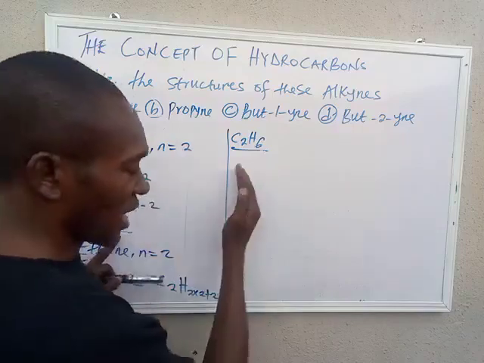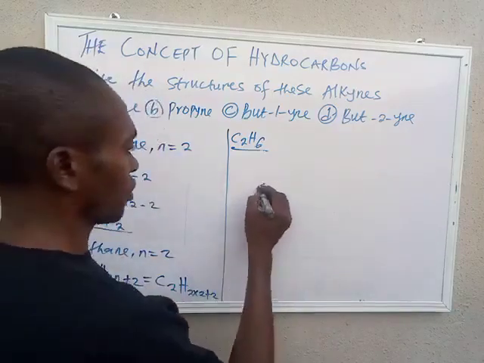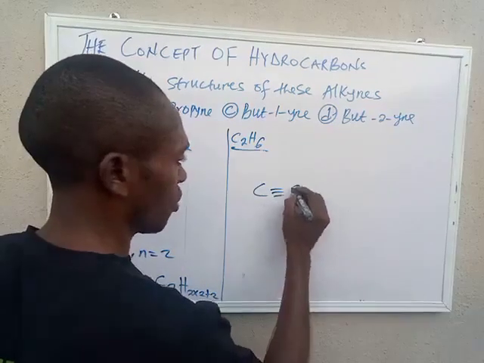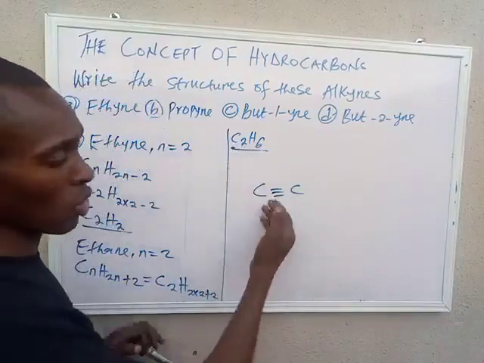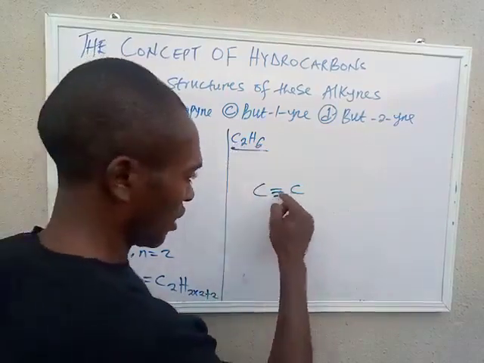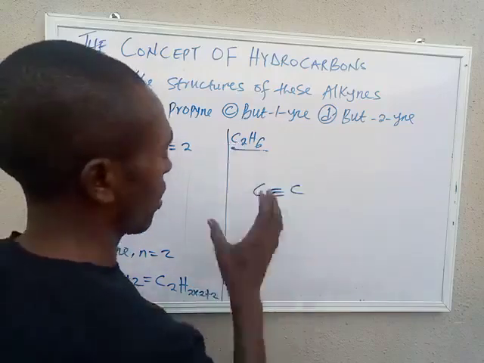That means the first carbon is going to lose 2, the second carbon too will lose 2. So we have C, don't forget it's a triple bond, and the bond is only going to be between the first and the second carbon. We're talking about ethyne, which has only 2 carbons.